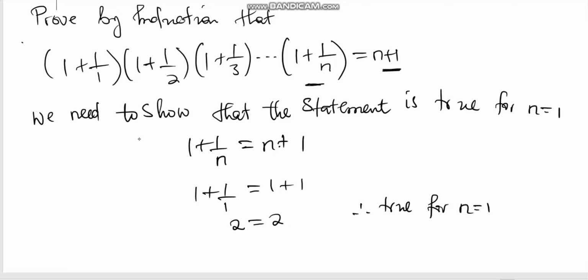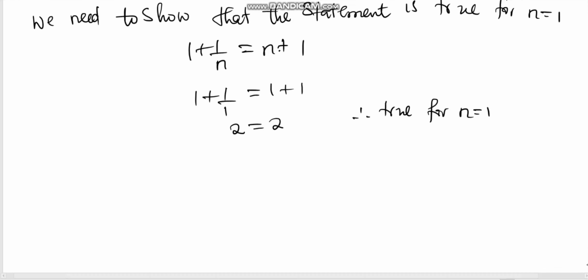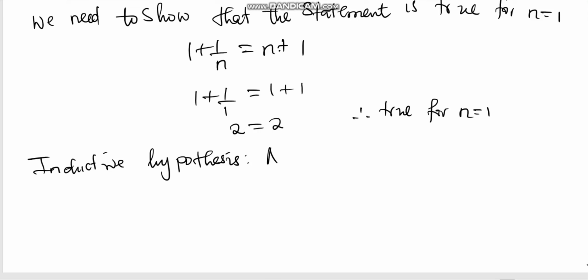So then we go to step number 2. Step number 2 is the inductive hypothesis. So here we make the inductive hypothesis. On the inductive hypothesis here, we make an assumption where we assume that, okay, sorry, let me just erase that.